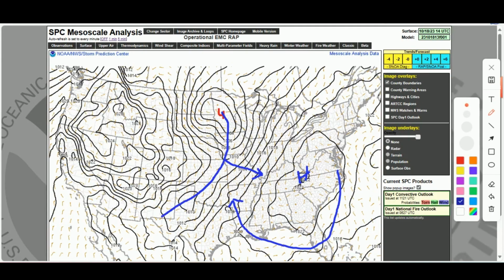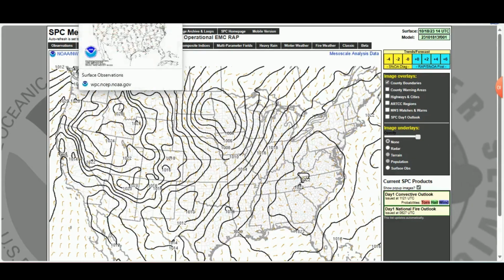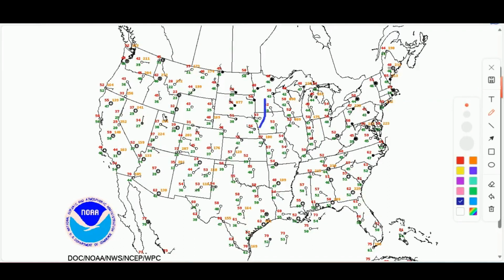But as we're going to see on the surface map, there's not really much moisture to be pulling up into the area. This is surface observations from 9 a.m. this morning. And so here is our cold front that is situated over the central U.S. As we look ahead of it, there's not really much moisture.